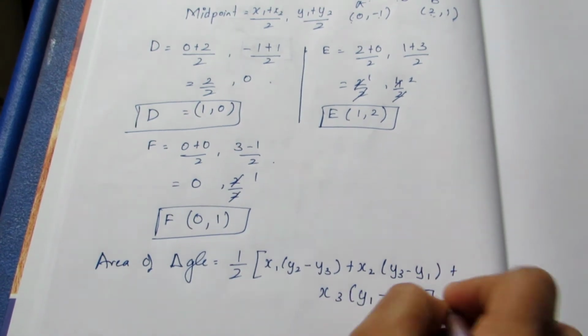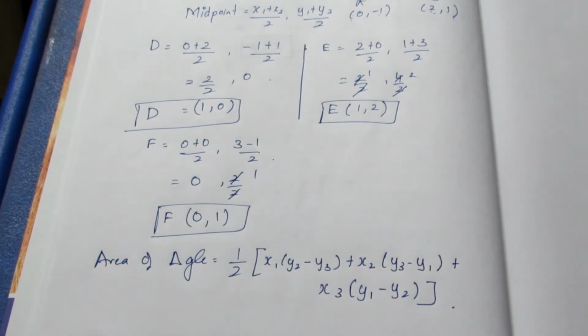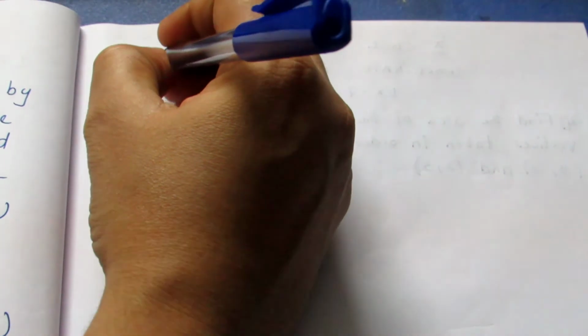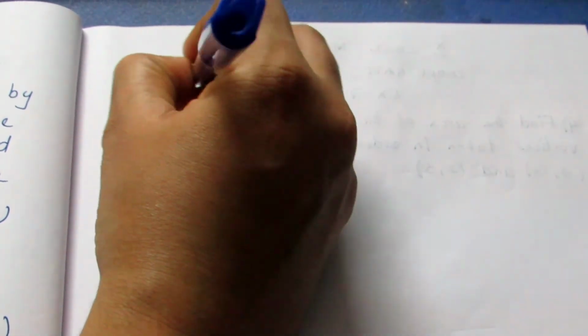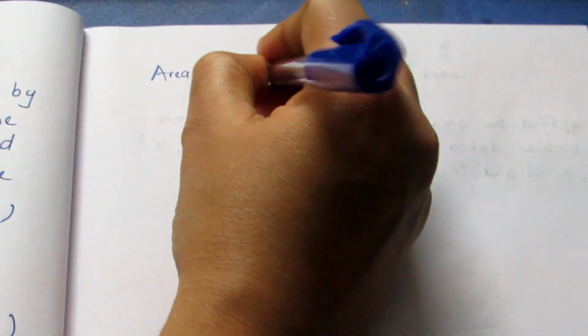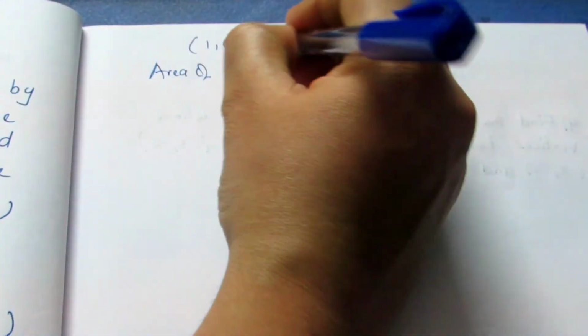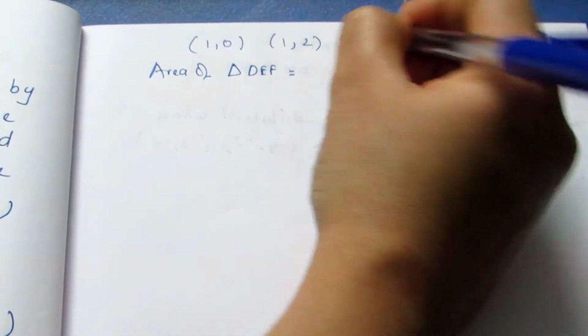Just substitute the values here. For DEF we can find the area of the triangle. Now area of triangle DEF is equal to, I'll write the points (1, 0), (1, 2), (0, 1).